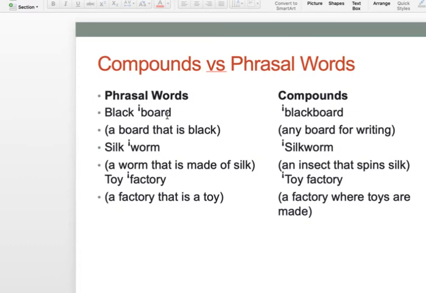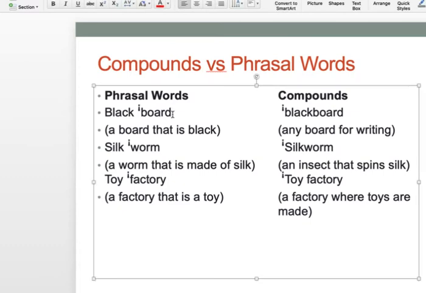Now you would find phrasal words, blackboard. This very small mark, like an exclamation mark sort of, is because I was unable to place a small bar on it while typing, so it is simply a small line, and this shows stress.